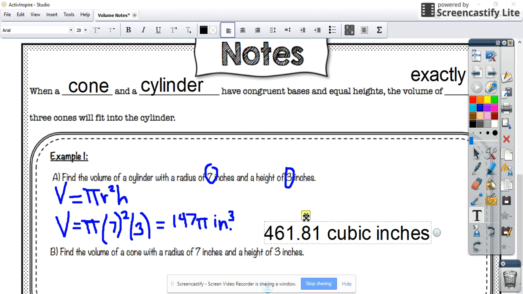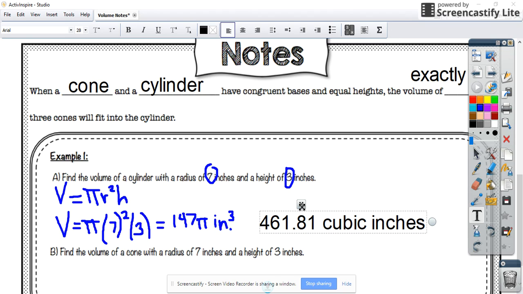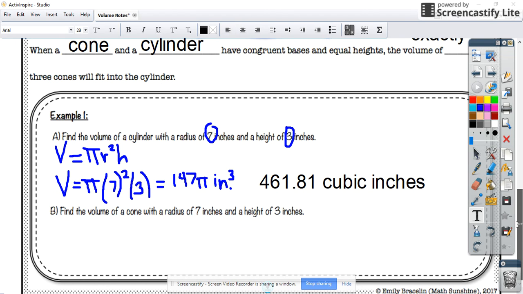That is also a correct answer. But I would like for you to leave your answer in terms of pi if the directions don't say to give a rounded answer.